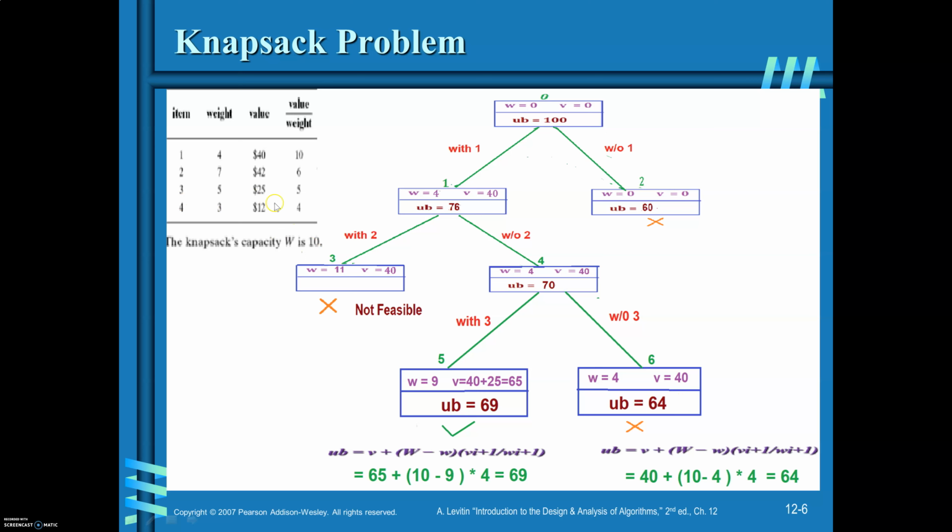You have to consider the fourth value to weight ratio, that is equal to 4. So upper bound equals 69. And here in this other case, V is 40 and 10 minus 4 is 6. 6 into value to weight ratio 4. So 40 plus 24, that is 64 is the answer.